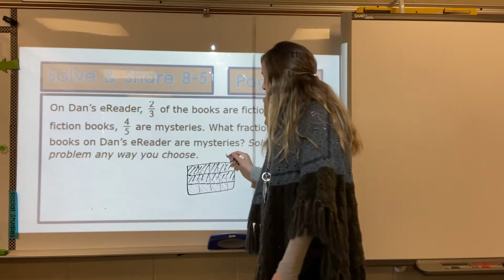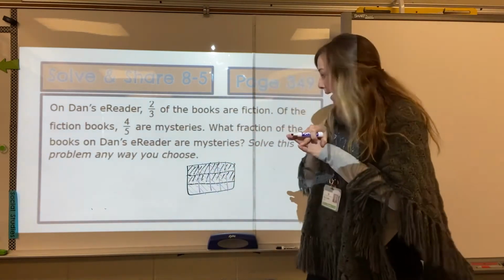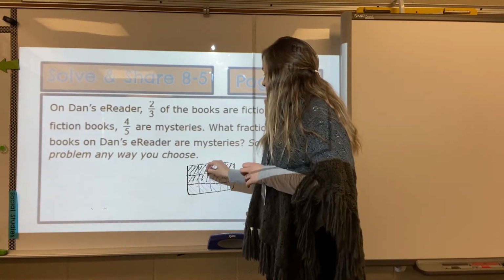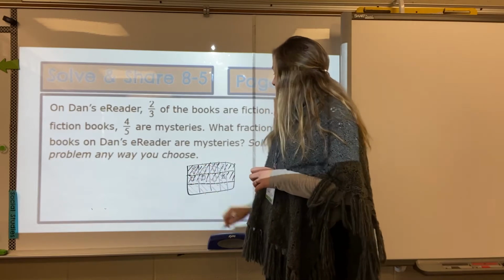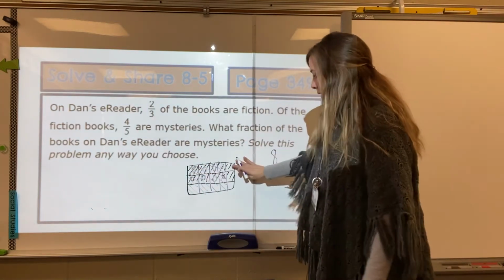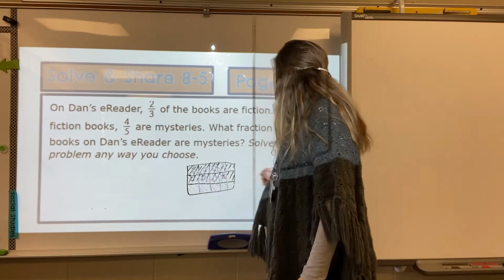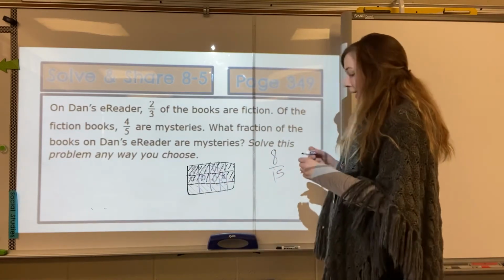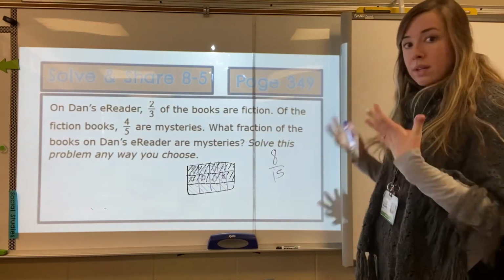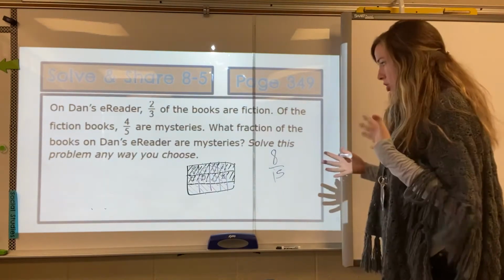Okay, and so then my numerator is the overlapping black and purple here. So I have 1, 2, 3, 4, 5, 6, 7, 8. So I have 8 out of how many total? 9, 10, 11, 12, 13, 14, 15. So 8/15 of the books on his whole e-reader are mysteries.